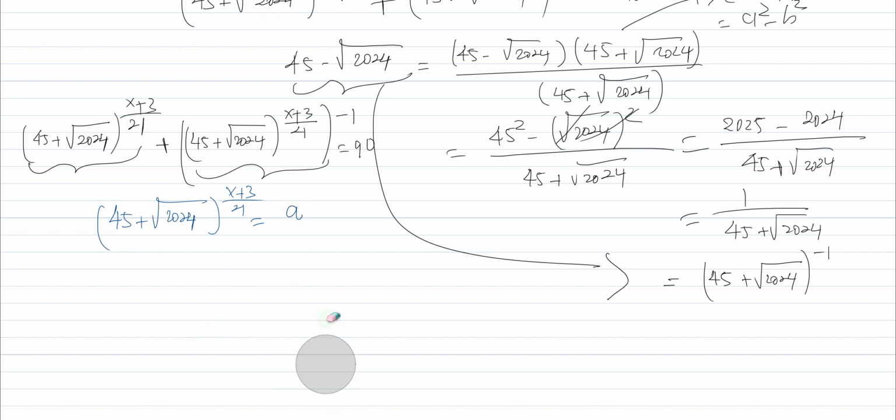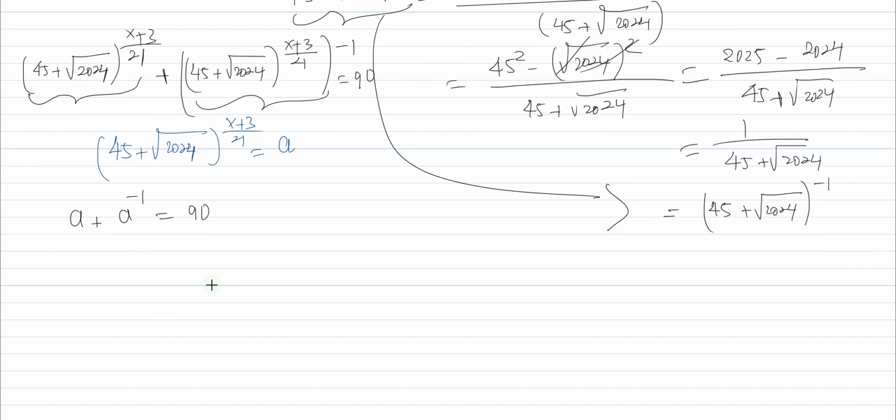Let's work with a. So we're going to have a, plus a to the power -1, equals 90. So we have negative 1 here. I can multiply all by a.